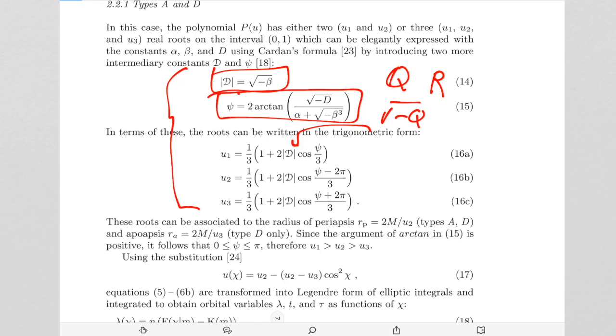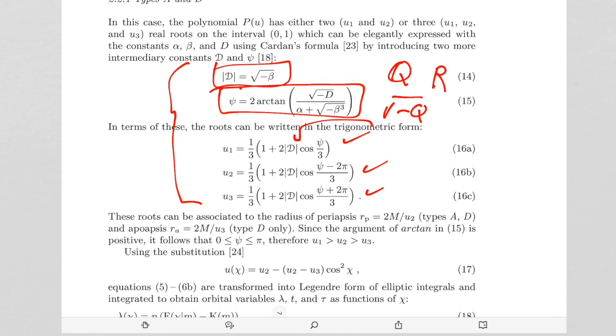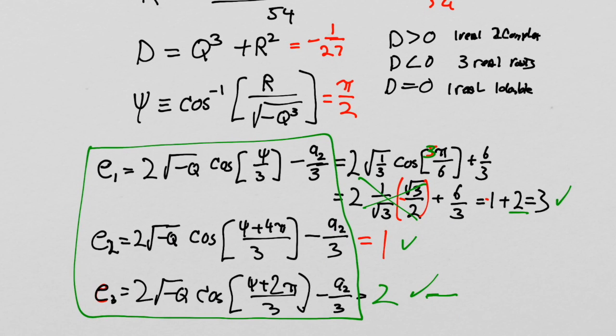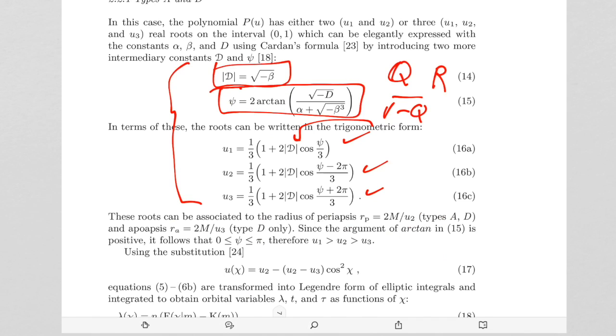The point is, don't be surprised when you look at this, if you do go back to the paper and you see that this isn't quite the same. For example, you might say, well, wait, what happened to A2? In our work, let's go back to our work. You had this A2 here, minus A2 over 3. The reason that's missing is that this is actually tuned to a very specific polynomial.